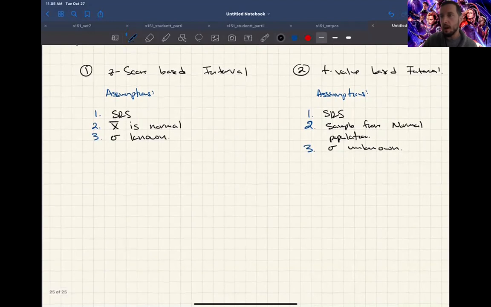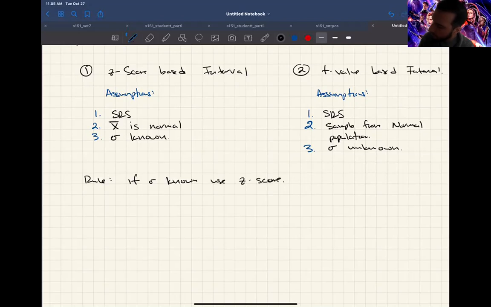A lot of the time in 151, we establish a rule: if sigma is known, use a Z-score. If sigma is unknown, use a t-value.